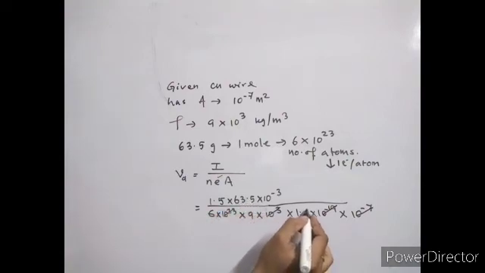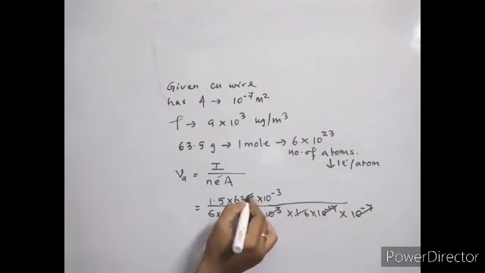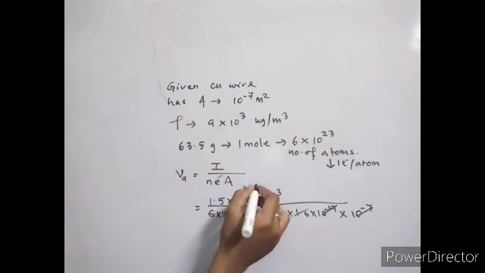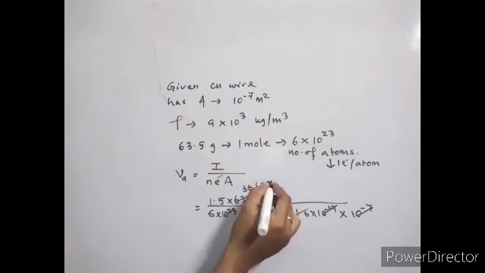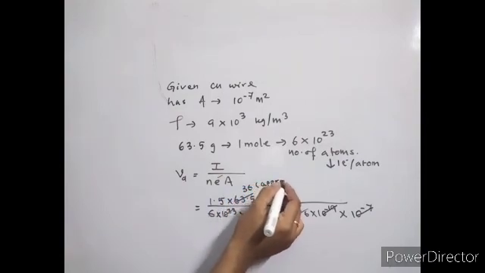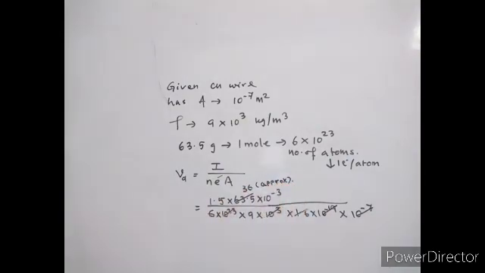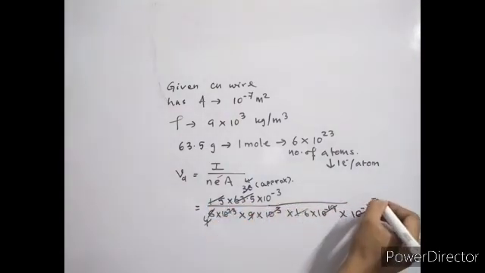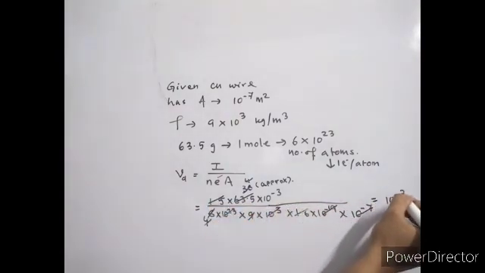So roughly 1.6 goes approximately 36 times over there. Okay, so 9 cancels with 36 to give 4, and 1.5 cancels with 6 to give another 4. 4 and 4 cancel out, so we are just left with 10 to the power minus 3 as the drift speed in meters per second.